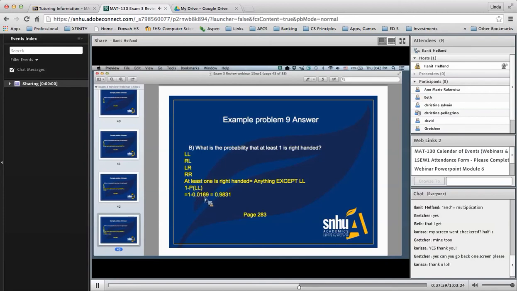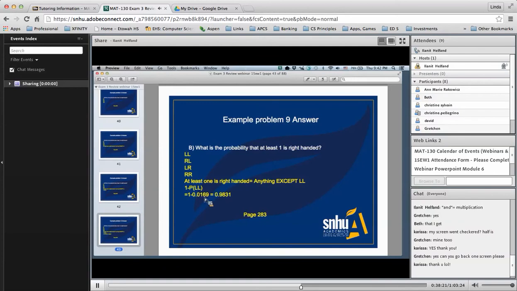Another way of saying this, if I go to percentages instead of decimals: in part A, we calculated that the probability that both people are lefties is 1.69%. So all the rest of the time, the other 98.31% of the time, at least one of the people will be right-handed.